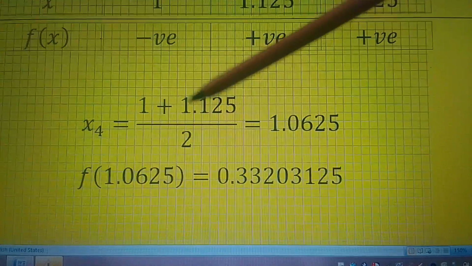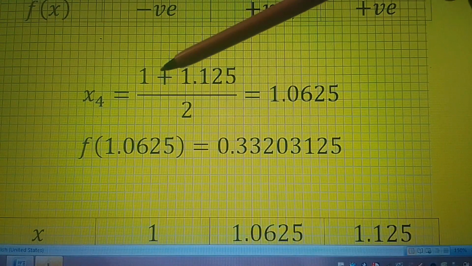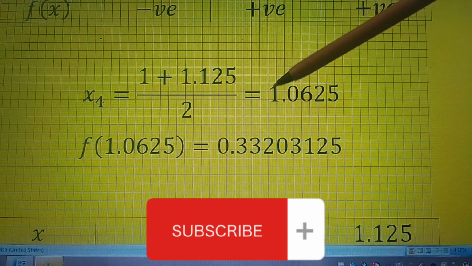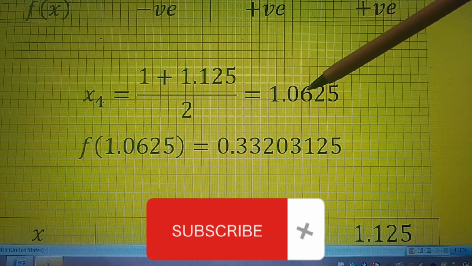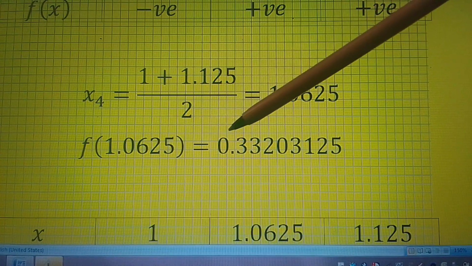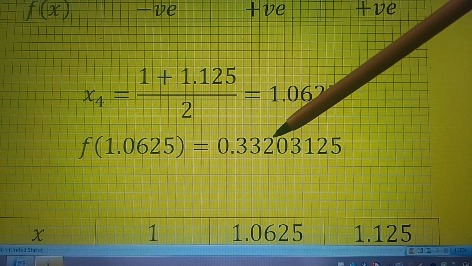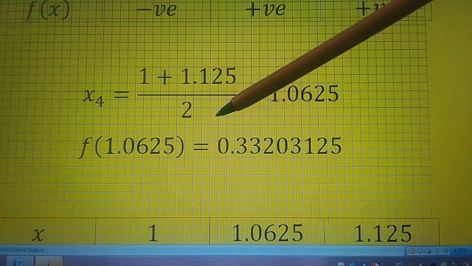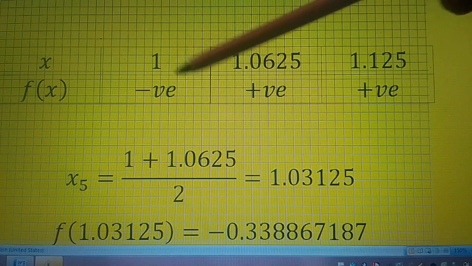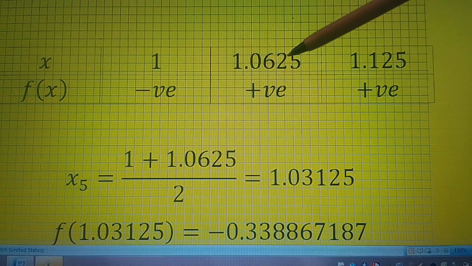Now x4 will be 1 plus 1.125 divided by 2, which gives us 1.0625. f of 1.0625 is 0.332031, so the root exists between 1 and 1.0625.